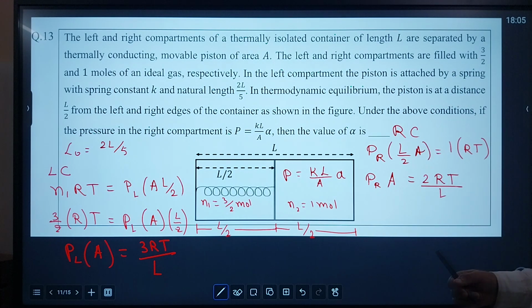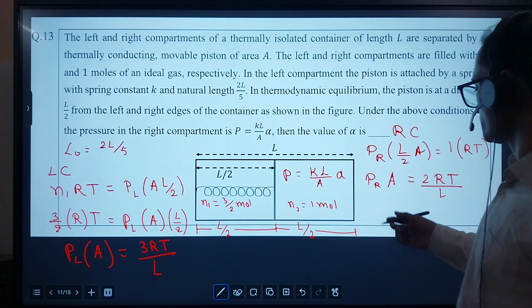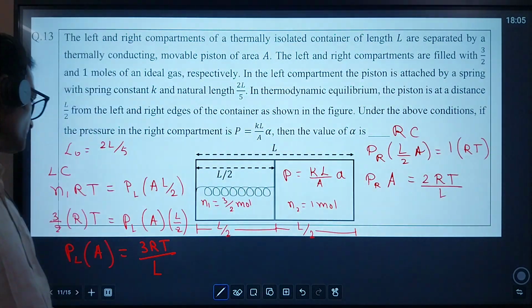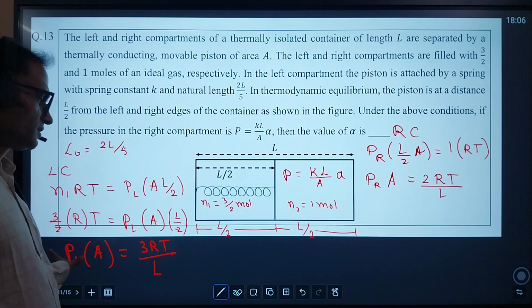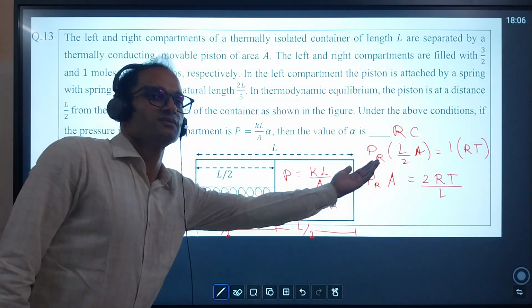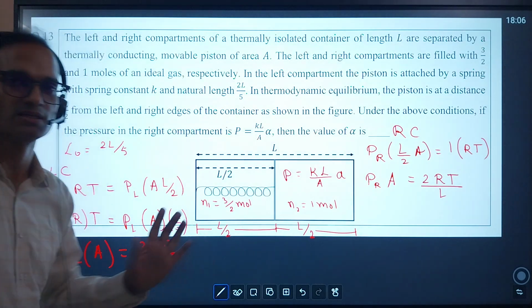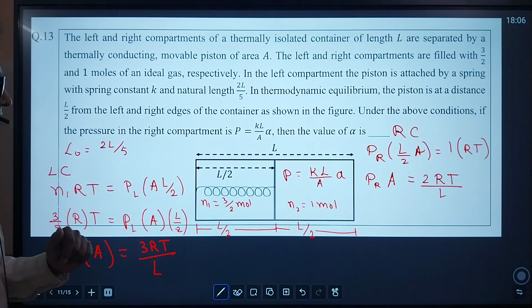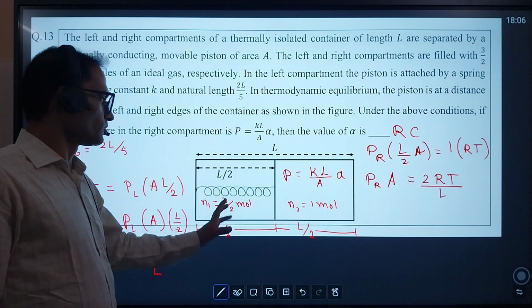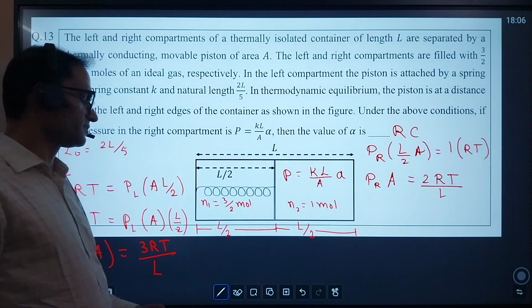Now what is happening? Let us write the force equation. From the left side, the force is large. From the right side, the force is a bit smaller, only 2RT by L. So this extra pressure, the difference of force, is handled by this spring.